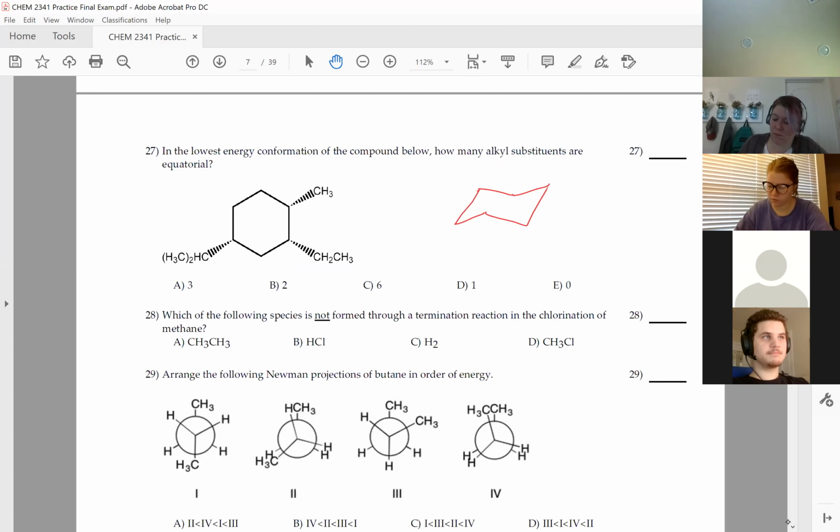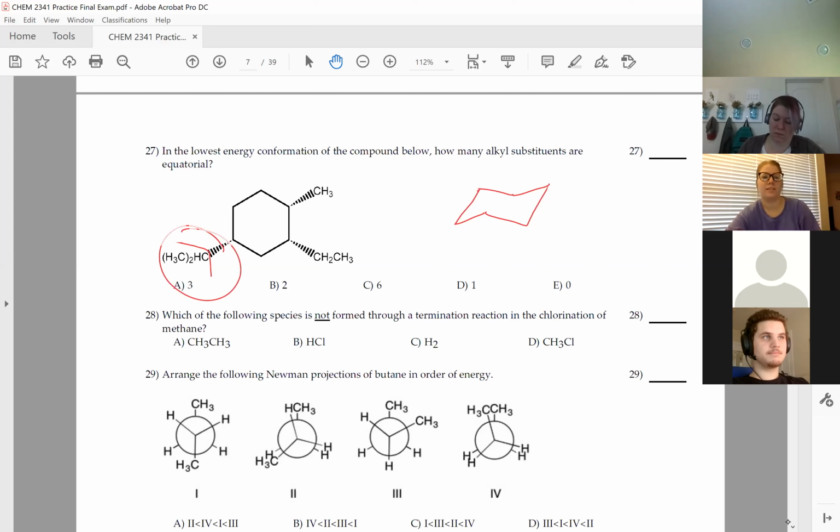Okay, which substituent is our biggest substituent? Bottom left. Yeah, the bottom left is going to be an isopropyl substituent. Here we have ethyl and then methyl. So which one do we want to place first? The isopropyl is actually bigger because it has more carbons.